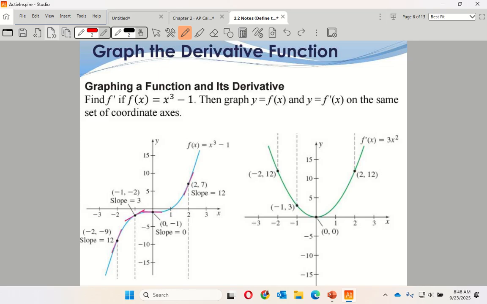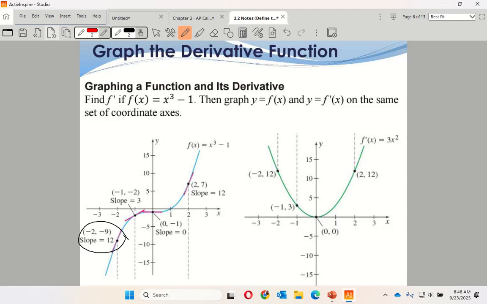All right, here's all the work. Since my drawing skills suck, I threw this in here for your slides so you could actually see what it is. So right here, doing the math for this one, we get that the slope is 12 at that point when x is -2.